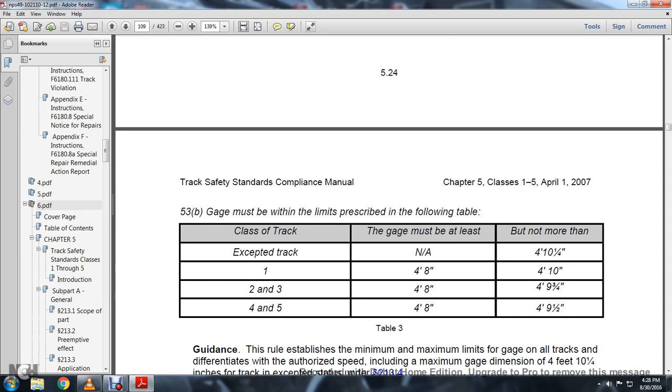Classes 2 through 3 track, from 4 foot 8 inches, not more than 4 foot 9 3/4. Class 4 track, at least 4 foot 8 inches, not more than 4 foot 9.5 inches.